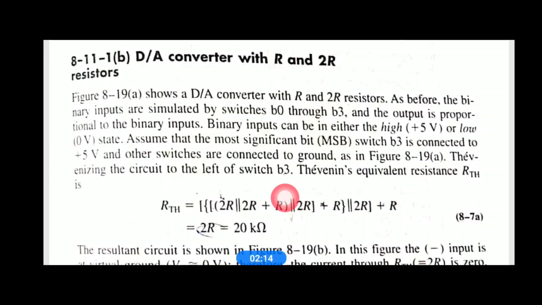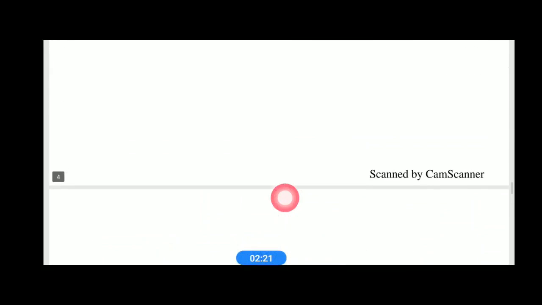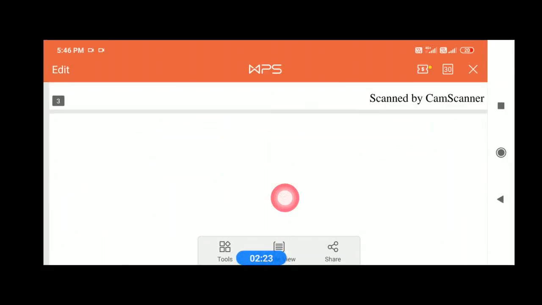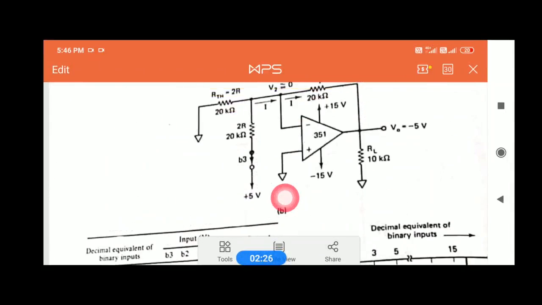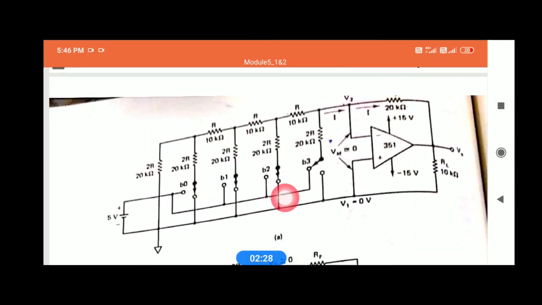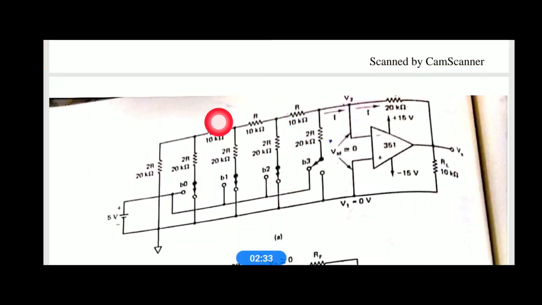So let's see the R to 2R resistor circuit diagram. Here you can see the circuit diagram for D to A converter using R to 2R resistor. In this circuit, you clearly see we are using resistors of only two values, that is, one is R, another is 2R.